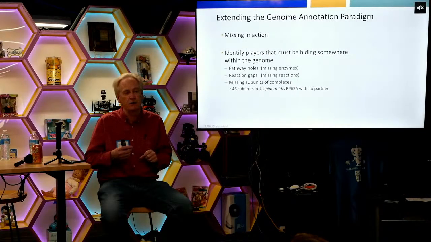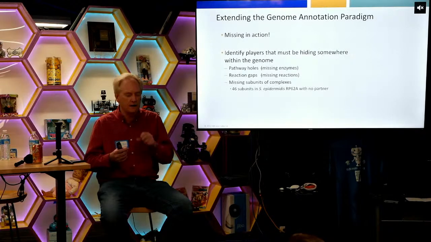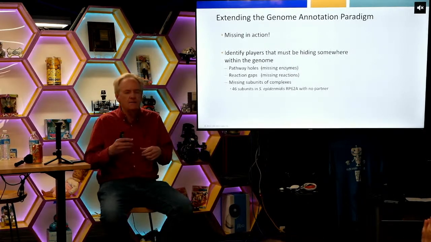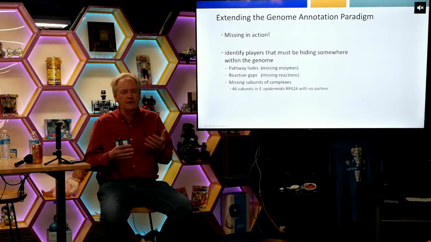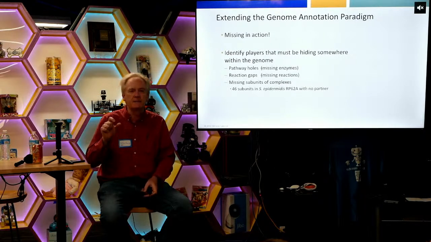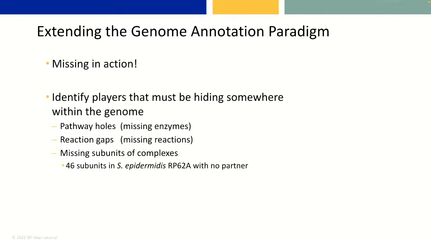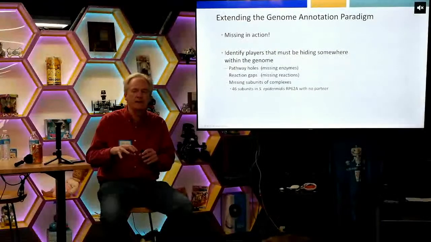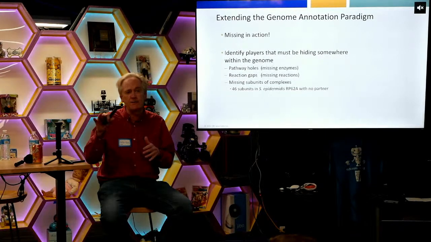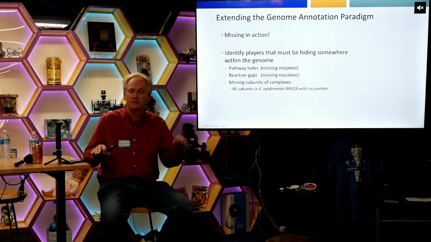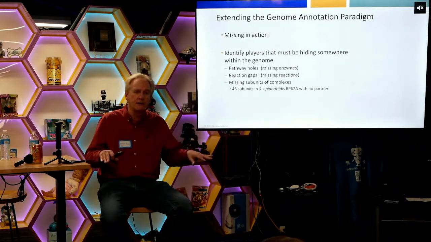And there's a technique called gap filling, where basically it's a software tool that tries to bring in a minimal number of reactions from a database like MetaCyc, a reference universal reaction database, to your metabolic model that will enable all the biomass metabolites to be produced from all the nutrients.